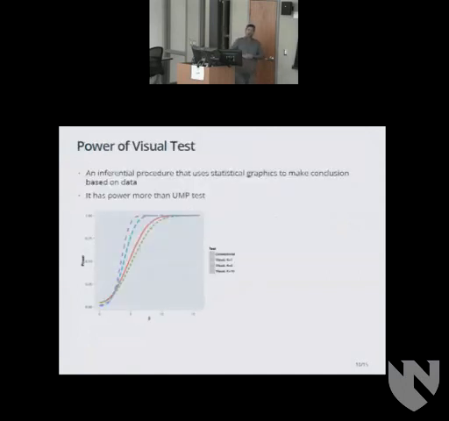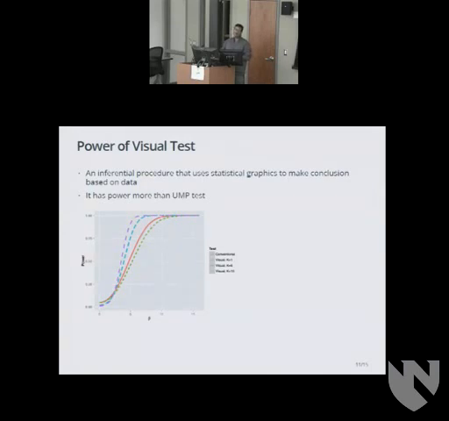Now let's talk about the power of this test. We have run several experiments on known results. For example, we know that the F-test and t-test are called uniformly most powerful tests because theoretically you cannot obtain more power than the F-test and t-test.